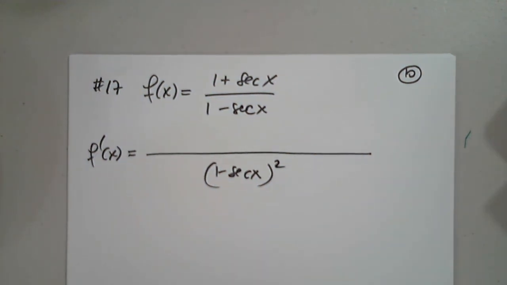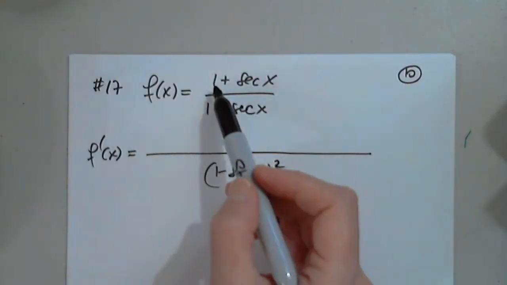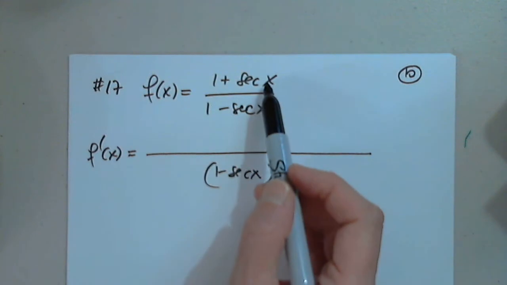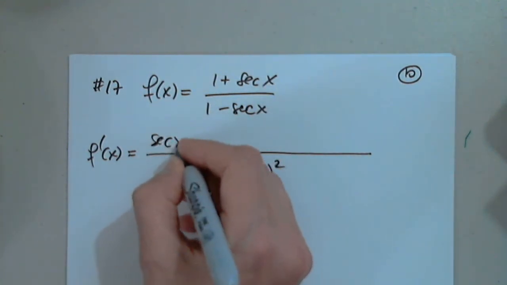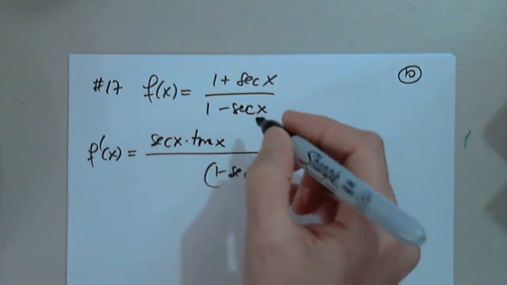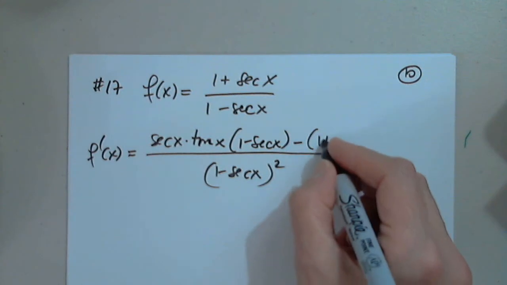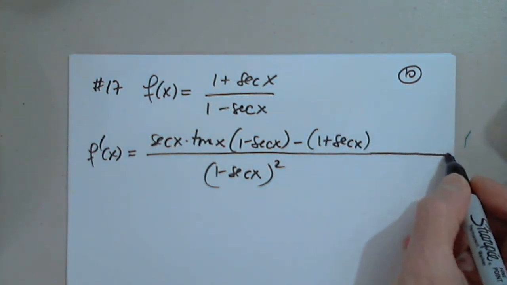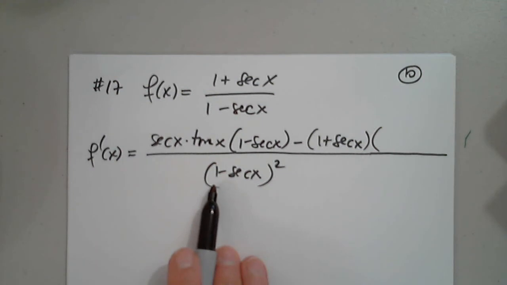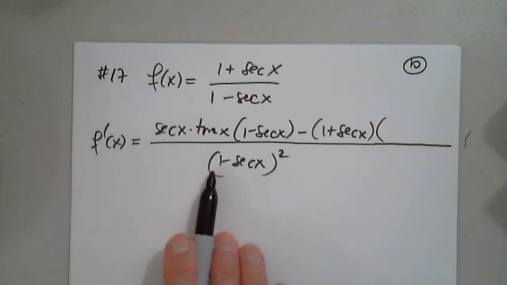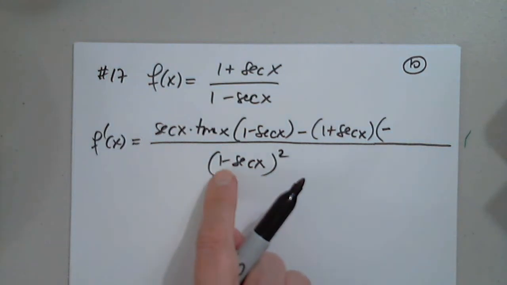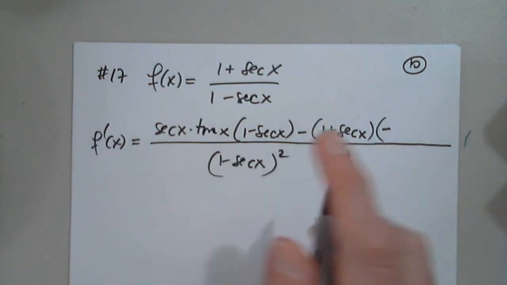So let's differentiate the top. What is the derivative of 1? Zero. Perfect. So secant prime, we just learned that, is secant times tangent times the denominator, minus, I copy the top, but now I have to differentiate the denominator. 1 prime is 0, minus is minus, and when I differentiate secant, I get secant tangent.